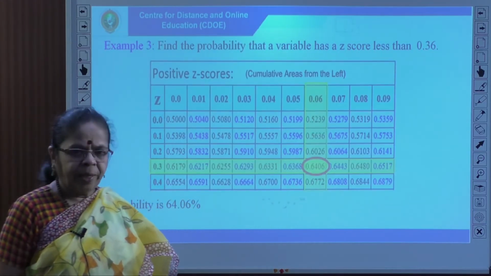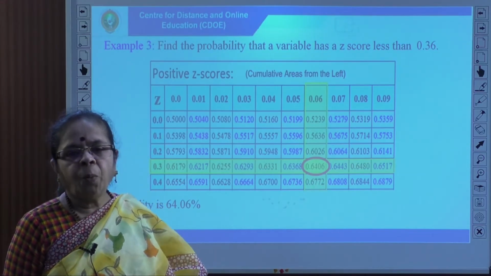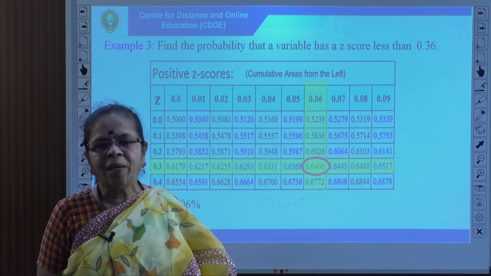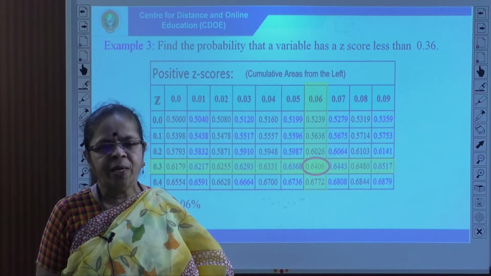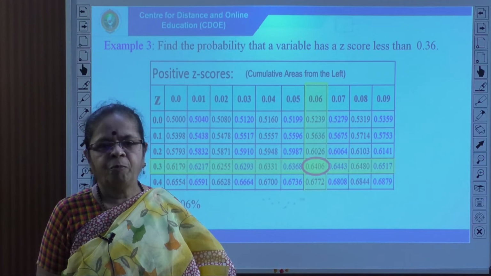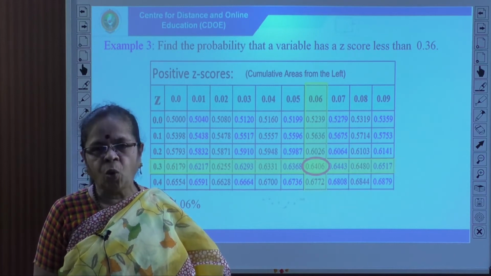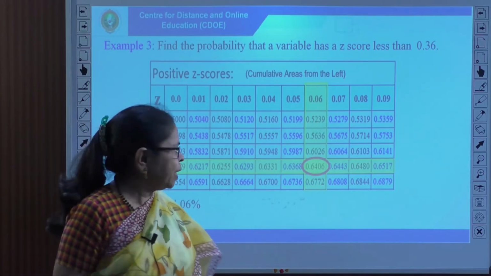Now, look at this. Find the probability that a variable has a Z score less than 0.36.